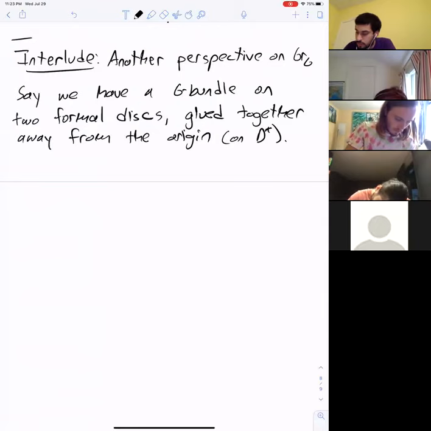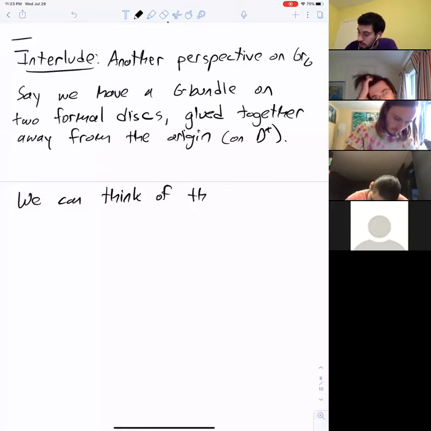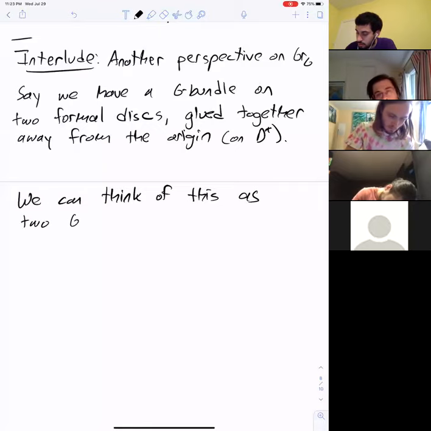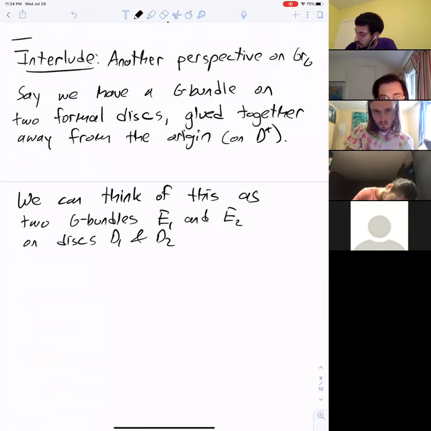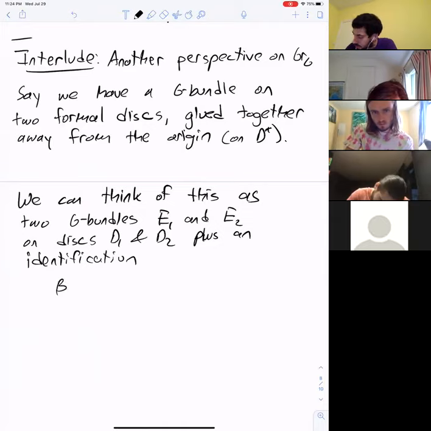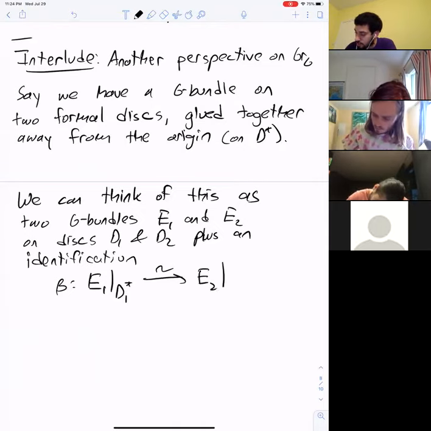One way we can think about this is as two G bundles, E1 and E2, on disks. Let's even name the disks D1 and D2, plus an identification beta from E1 restricted to the punctured disk of D1 to E2 restricted to the punctured disk of D2.